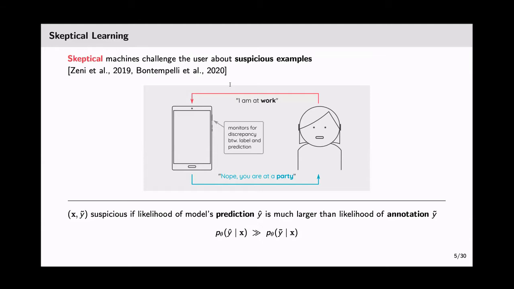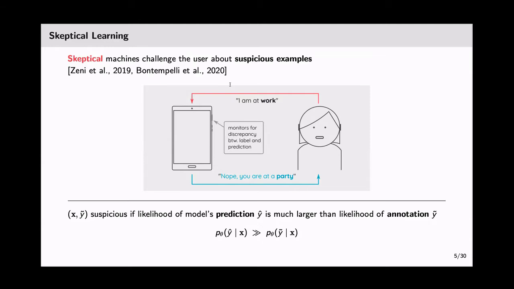An example is suspicious if the likelihood of the model's prediction is much larger than the likelihood of the annotation. For instance, the user might say that he or she is at work. However, by looking at past examples, the model can notice that it's not true and that the user is at a party.